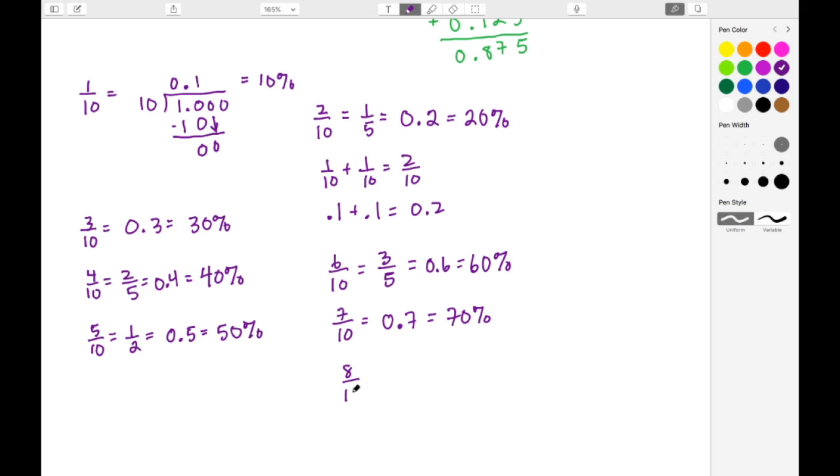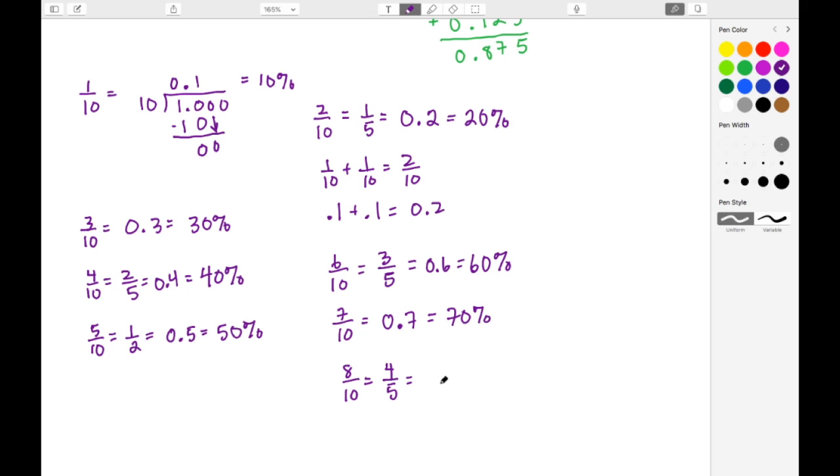Then we have 8/10, which can be simplified. 8 divided by 2 is 4, and 10 divided by 2 is 5. And again, we have fifths. We see that 1/5 is 20%. 2/5 right here is 40%. 3/5 here is 60%.